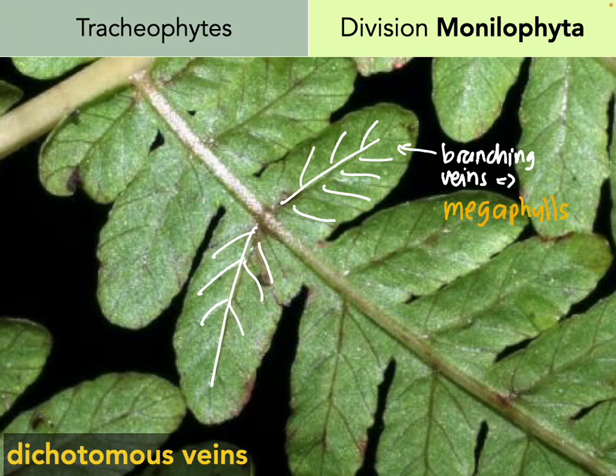So this time, unlike those that you saw this morning, you can actually tell that it's a branching vein on the same leaf. It must be megaphyll, therefore it's monilophyte. Along with that curling thing, for sure. So this has dichotomous veins, which is what you would see.